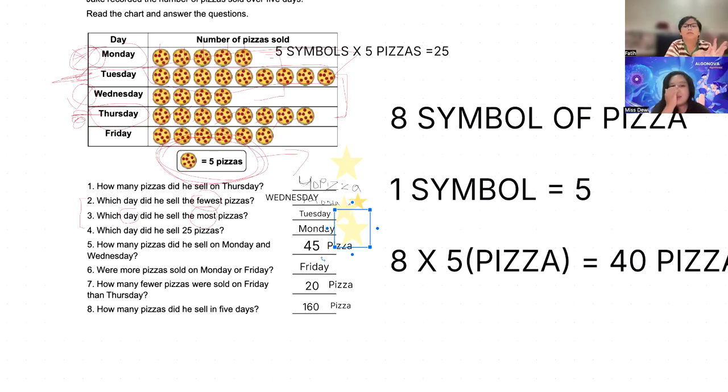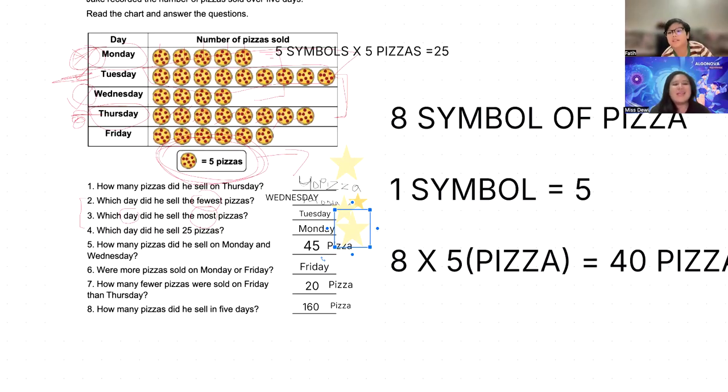How many pizzas did he sell on Monday and Wednesday? If you read this kind of question, there is the term and. What does it mean? Which equation are you gonna use, Fatih? Is it addition, subtraction, multiplication, or division?